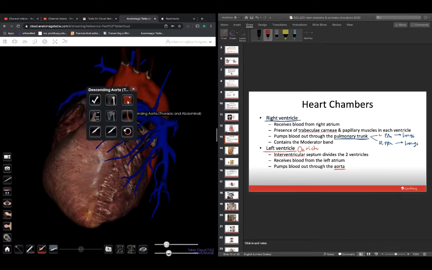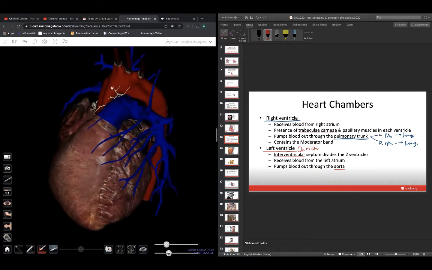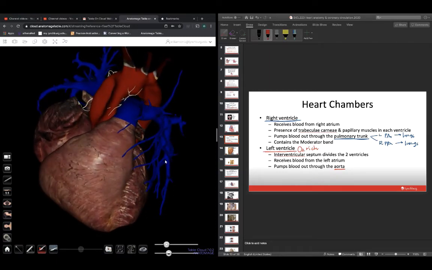And I'm going to go through and color all of those red so that you can see that. So here is the aorta leaving the left ventricle. We have the aortic arch where it's going to bend across and then start traveling down the thoracic cavity. And so those are the vessels that are leaving the ventricles.